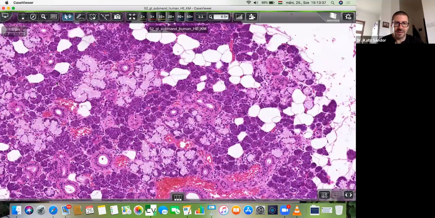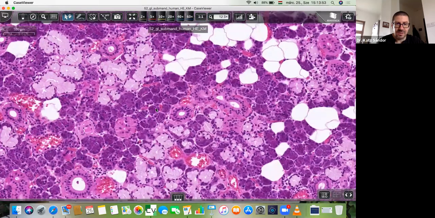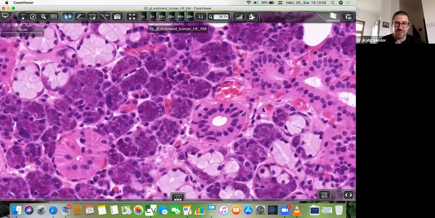Looking at this aspect, here we have the mucous acini, but the majority of the acini are serous. The darkly stained ones are serous acini, and the typical aspect of serous acini is that they are round-shaped.